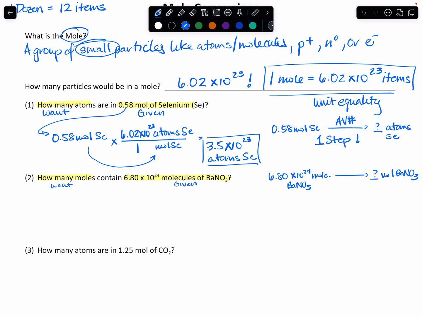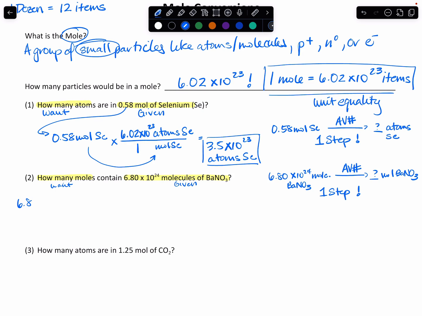All right, so again, same chemical substance, barium nitrate to barium nitrate. So it's a one-step problem, and I'm going to use Avogadro's number again, the 6.02 times 10 to the 23rd. And this will again be a one-step calculation.